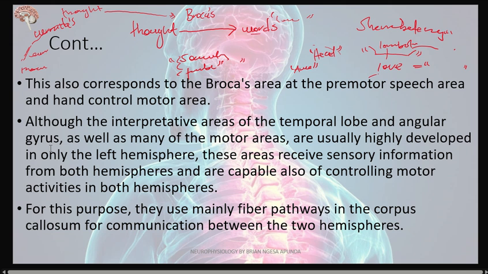We know that you have the visual cortex of the right cerebral hemisphere and the visual cortex of the left cerebral hemisphere. So despite you not having the dominant area within the right part, these signals from the visual cortex of the right can pass through the corpus callosum and get to the Wernicke's area of the left, and that's how it operates.